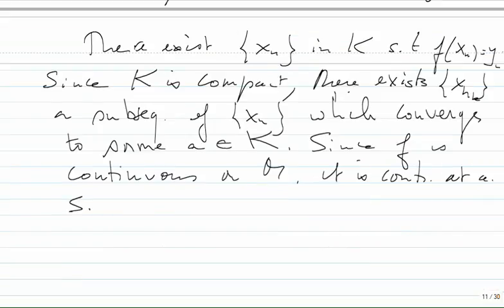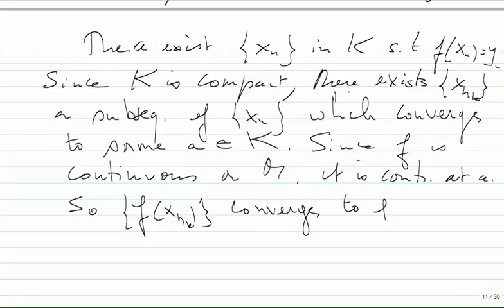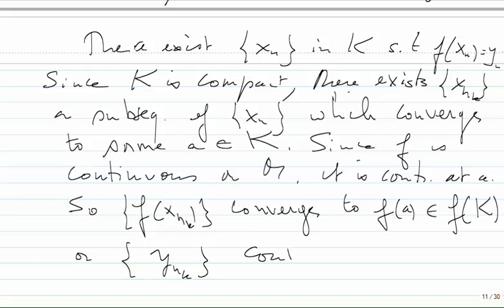If we look at the characterization of continuity using sequences, then f of xnk converges to f of a, which belongs to f of K. In other words, ynk converges to f of a, which belongs to f of K. Therefore, we found a subsequence which converges to a point in f of K.